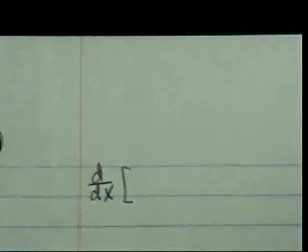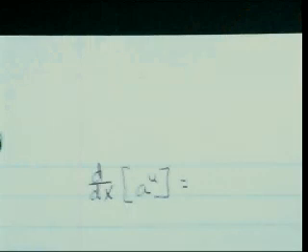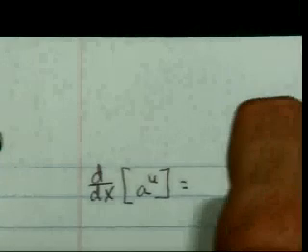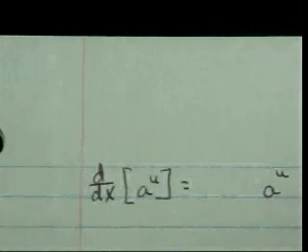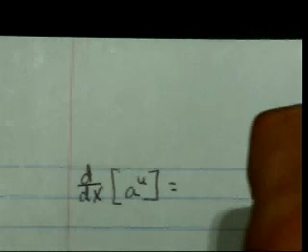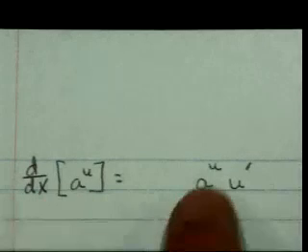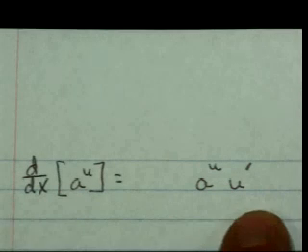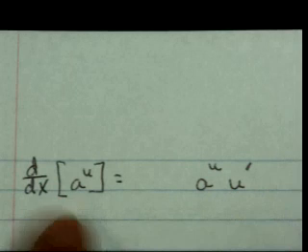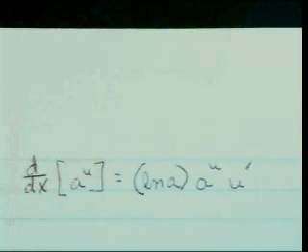If you have a to the ugly, then the derivative is the same a to the same old ugly times the derivative of the ugly. That's just like e to the x: the derivative of e to the ugly is e to the same old ugly times the derivative of ugly. Only when the base is not e, you also have as a factor the natural log of the base.